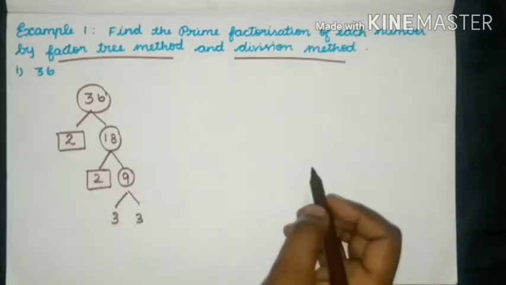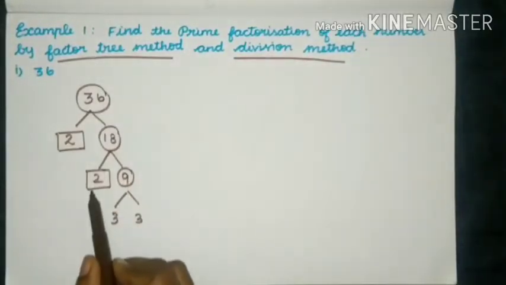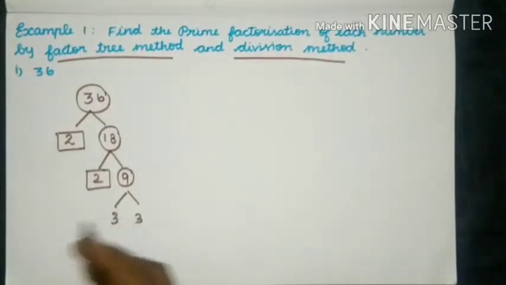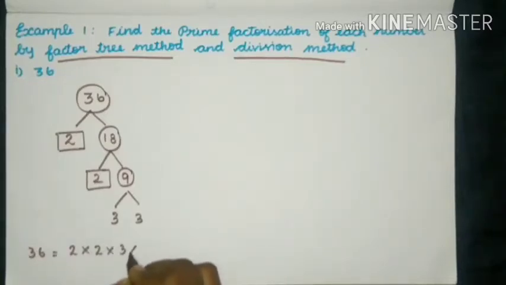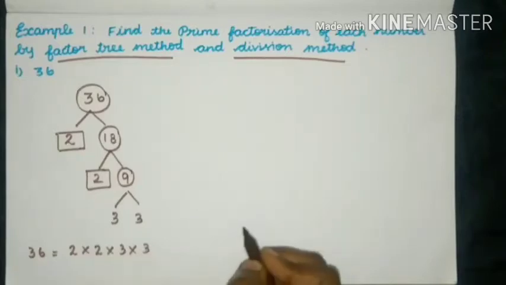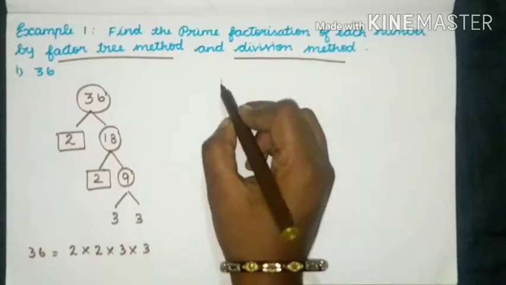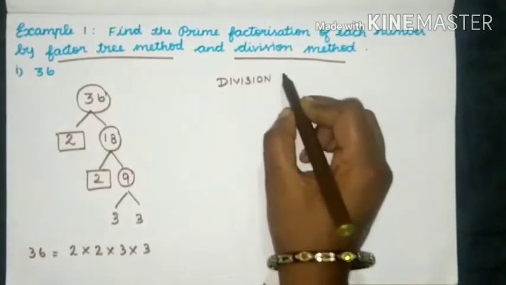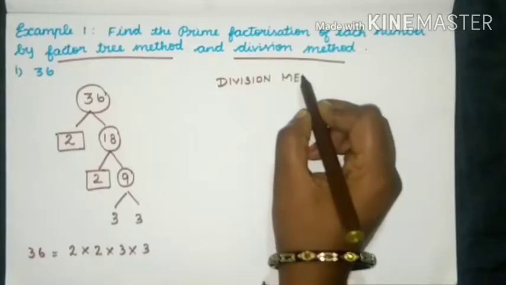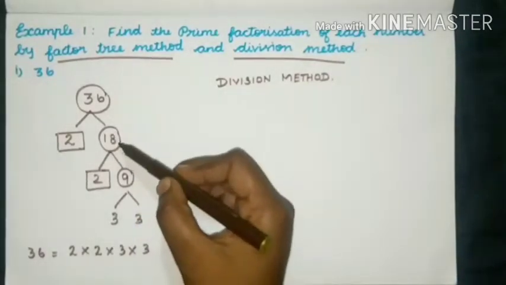So the prime factorization of 36 is 2 into 2 into 3 into 3. Prime factorization equal to 2 into 2 into 3 into 3. Now let's find the prime factorization by using division method. This is factor tree method.